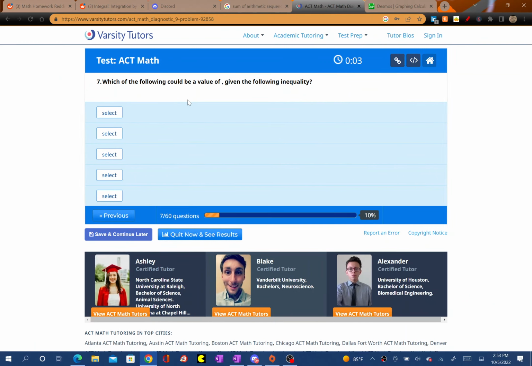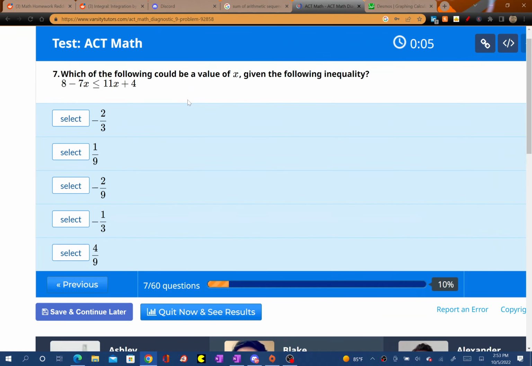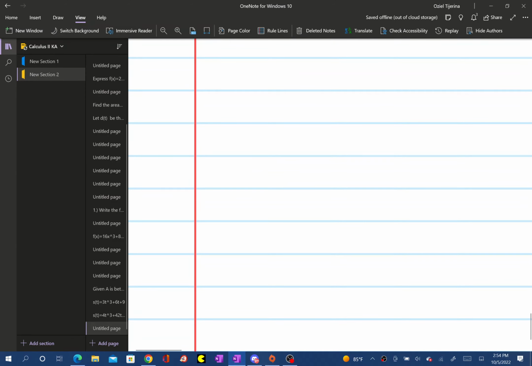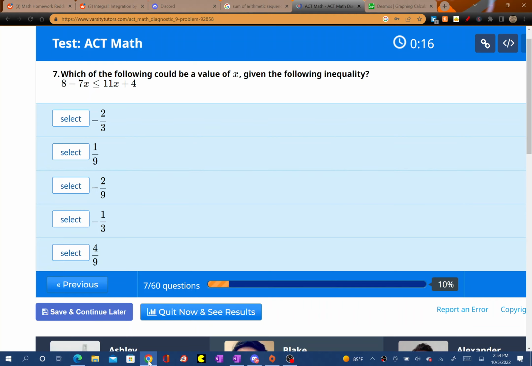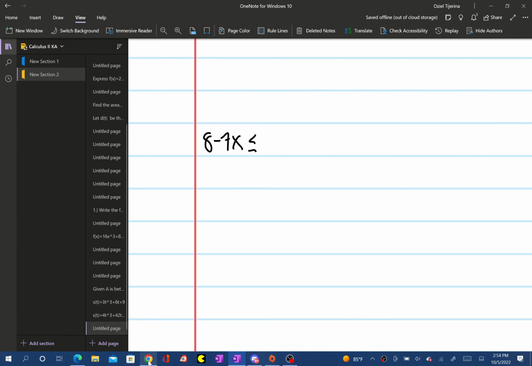Which of the following could be a value of x given the following inequality? Okay, 8 minus 7x is less than or equal to 11x plus 4, right?